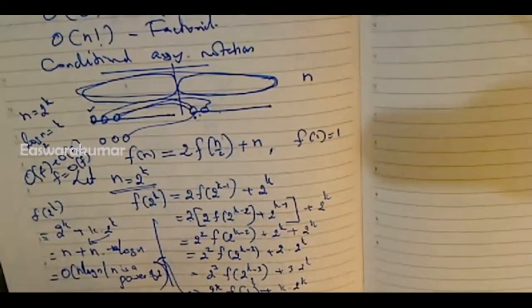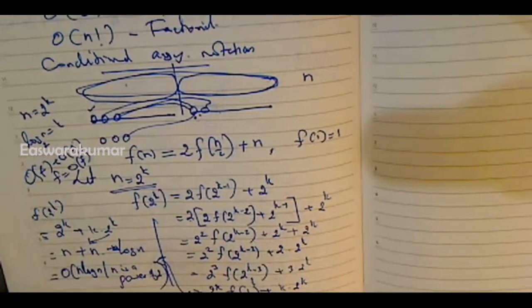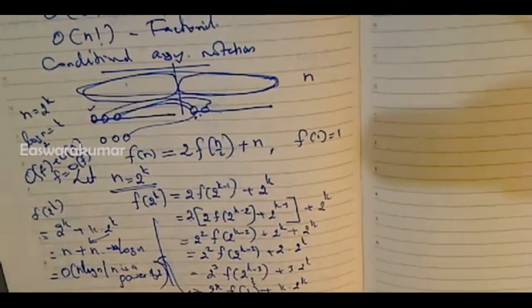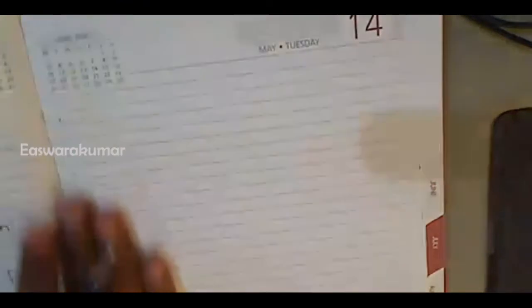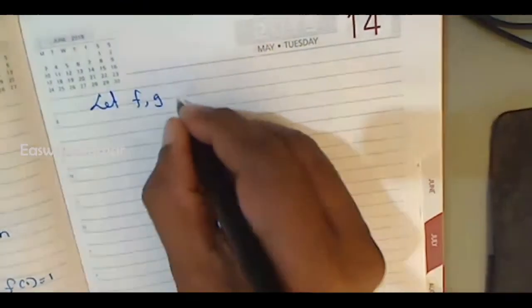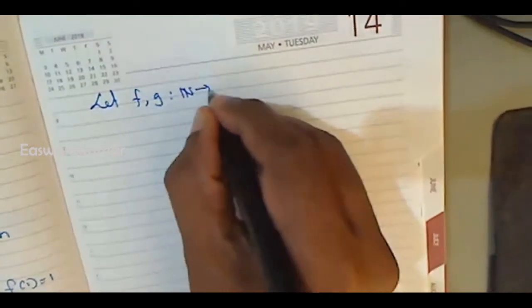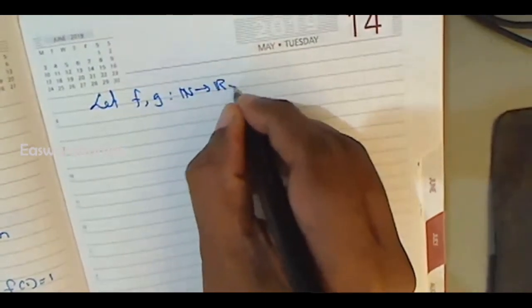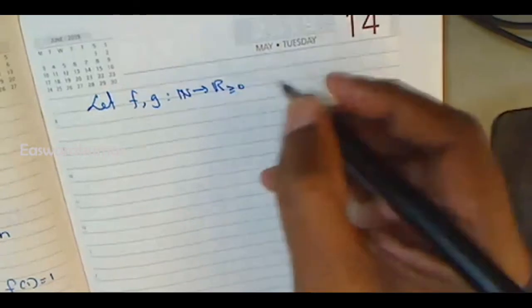Now we have to see the definition of conditional asymptotic representation. So now you understood why we are going for the conditional asymptotic notation, right? Here, once again, we can take two functions f and g from the set of natural numbers to the set of non-negative real numbers.